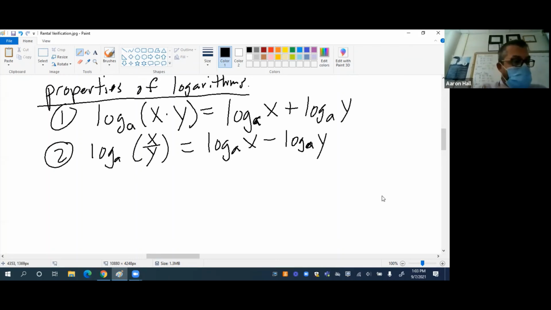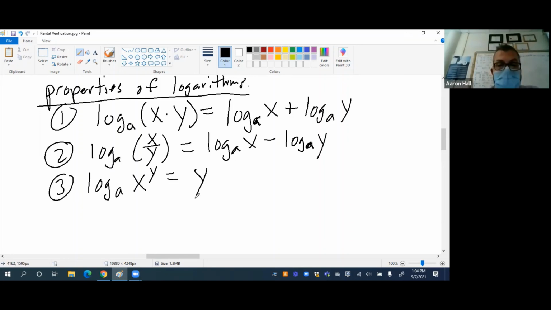And the last one, number 3, is log base a of x to the power of y. It's y times log base a of x. Yep.